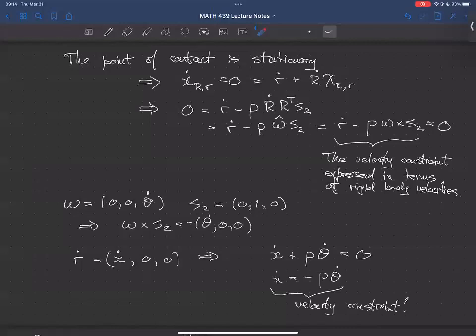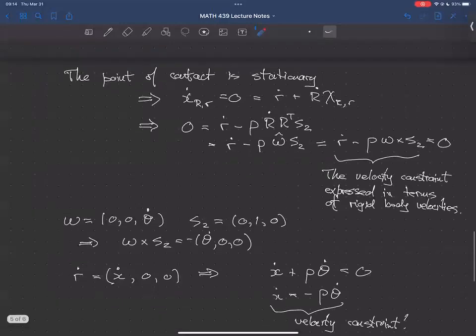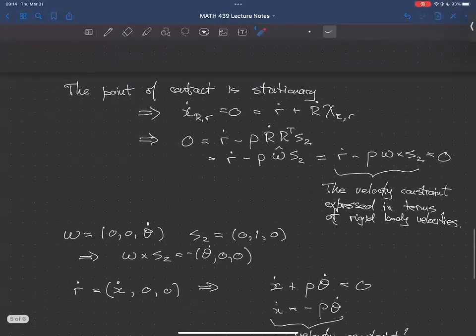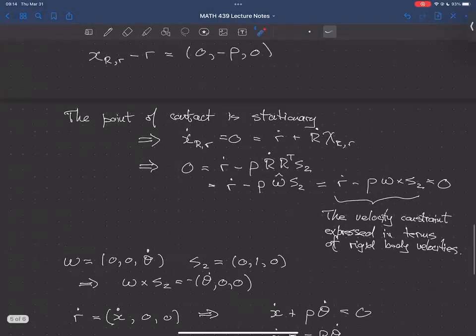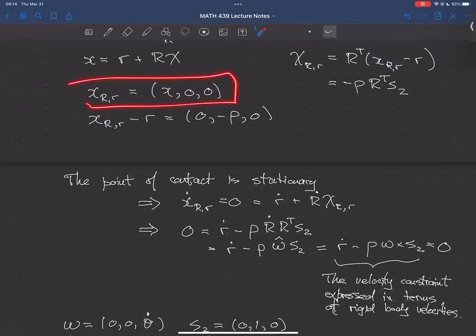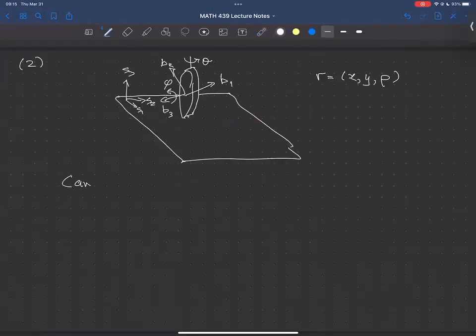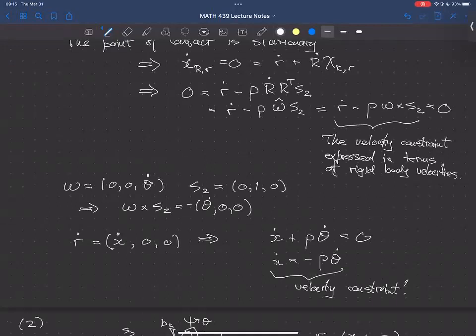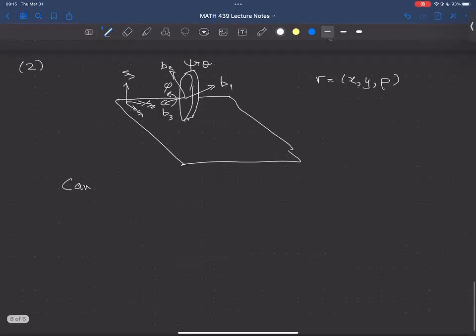And this point is going to be 0, 0, minus rho. Other than that, everything's exactly the same. If you want to see the details, it's worked out in the text, but it really is exactly the same as this, with the changes you need to make it correct.